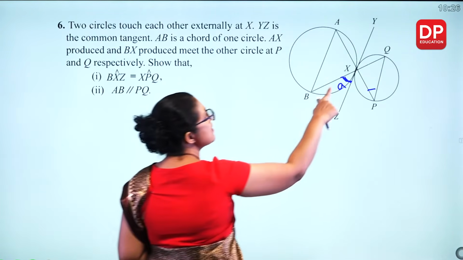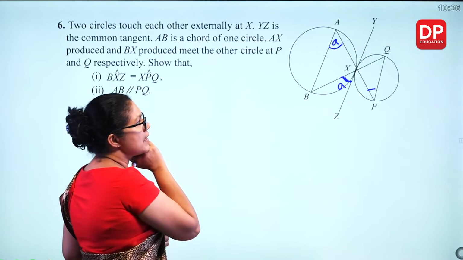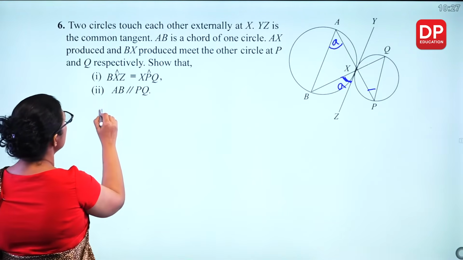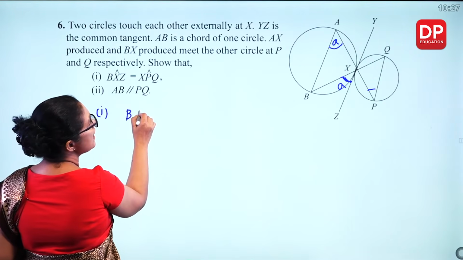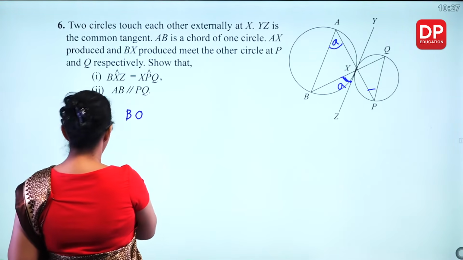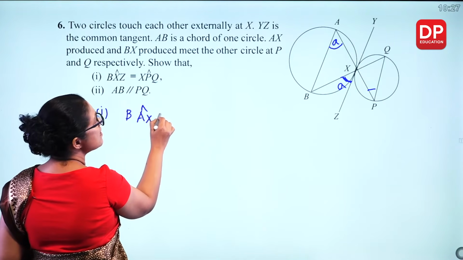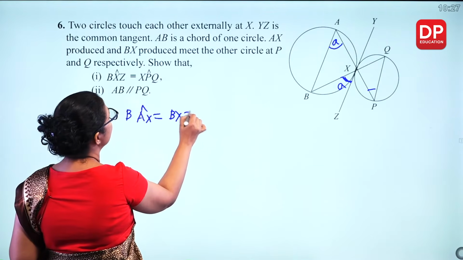That's equal to this angle, alternate segment theorem. Now we'll write down the information there. BAX is equal to BXZ.